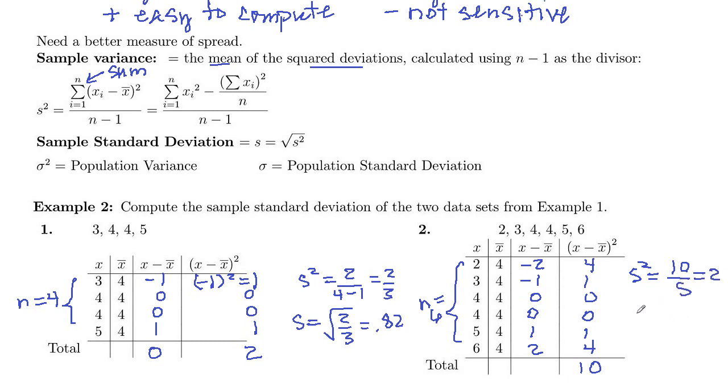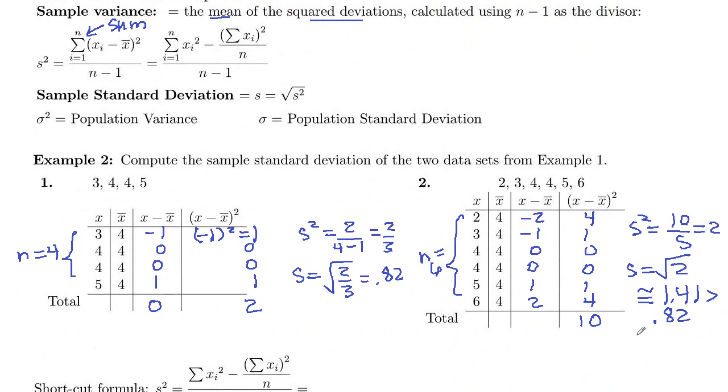So s squared is 2. S is going to be the square root of 2, which is approximately 1.41. So bigger standard deviation here means more variation in the second set. This is greater than the 0.82, which is telling us more variation in the second data set.